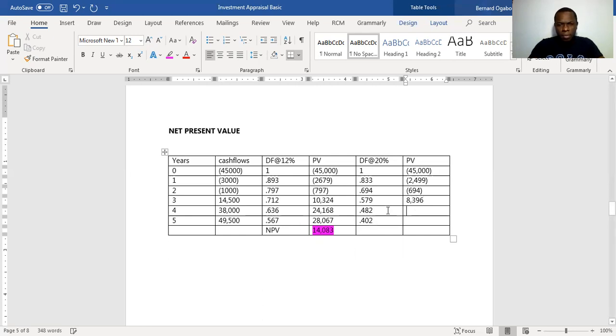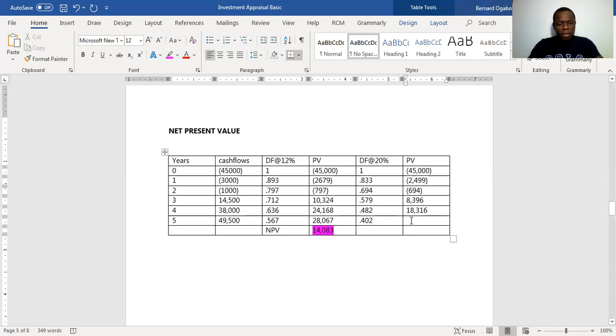I have 38,000 multiplied by 0.482. That equals 18,316.